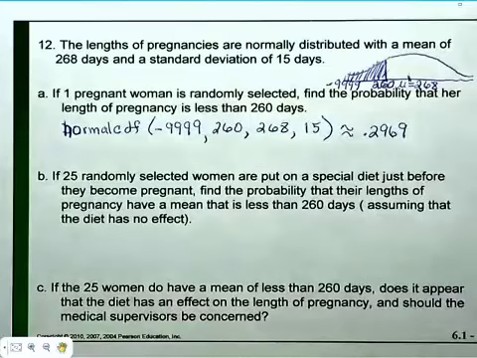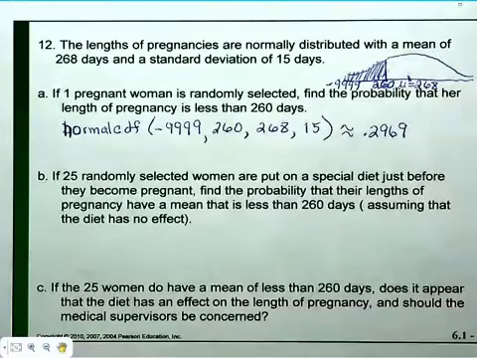But if 25 women are randomly selected and put on a special diet just before they become pregnant, find the probability that the mean of their lengths of pregnancy is less than 260 days.